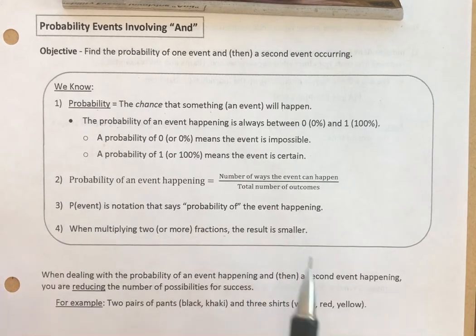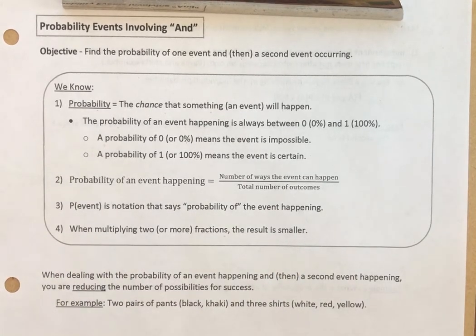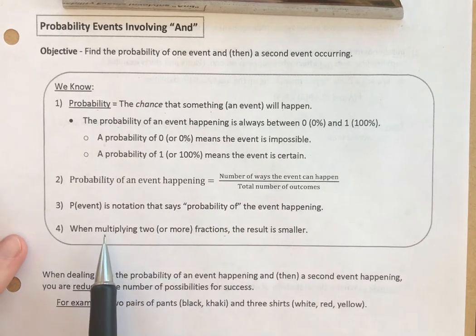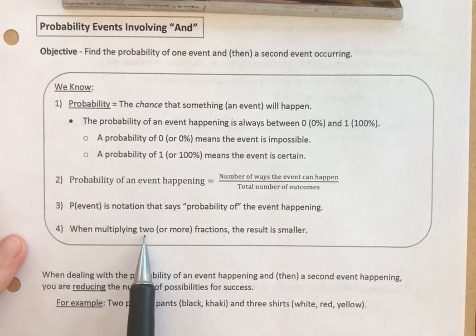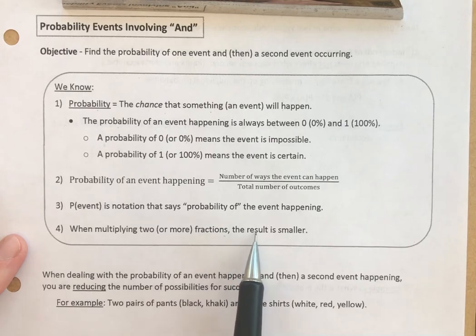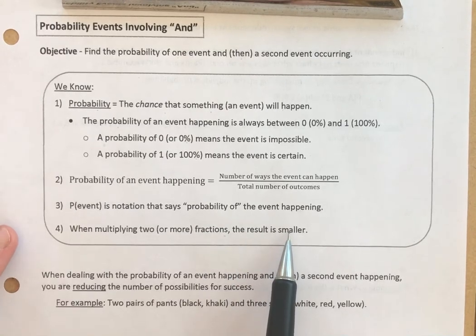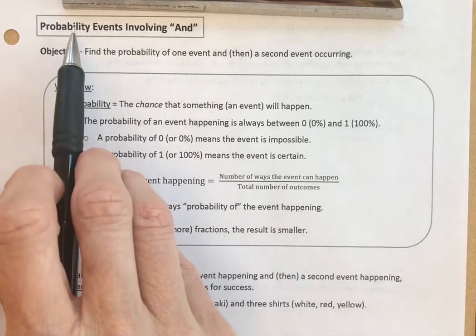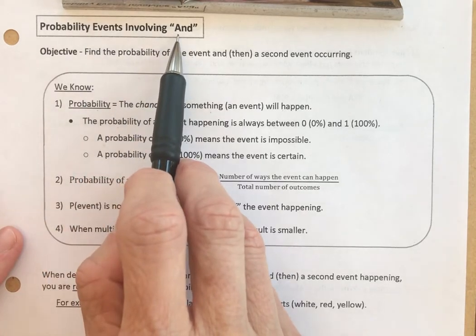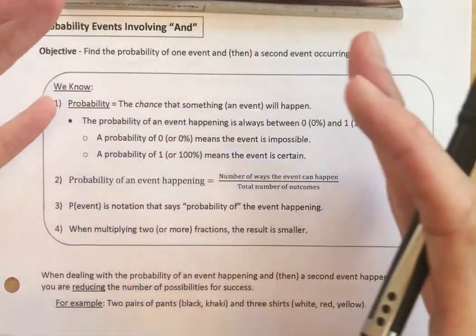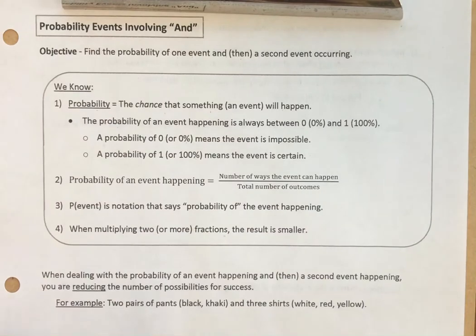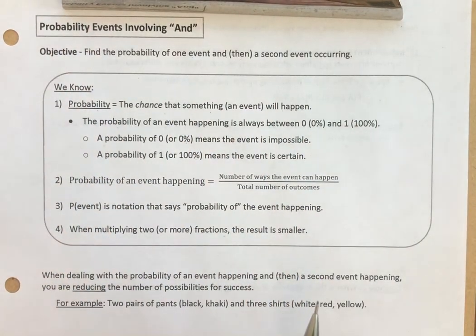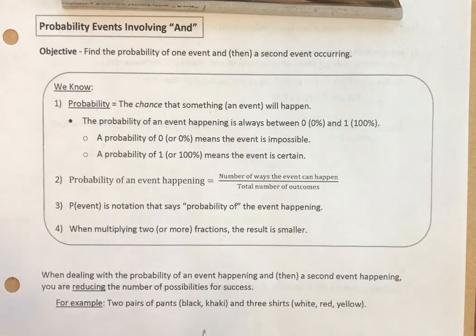Number 4 here, I want to remind you, because we're going to be multiplying fractions, that whenever you multiply two or more fractions, the result is smaller. When we looked at probability involving "or," we expanded the possibilities. We expanded the chance of it happening, and so we added fractions because that was a larger fraction.